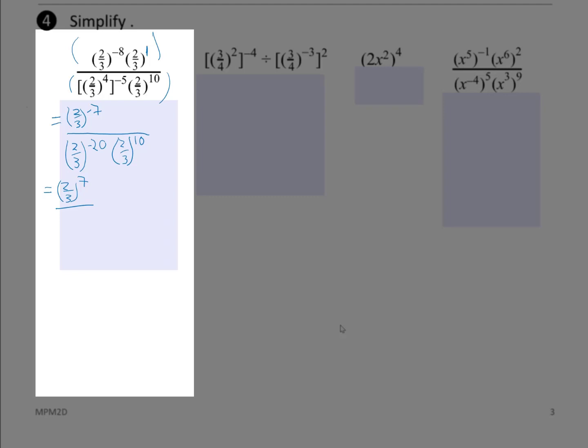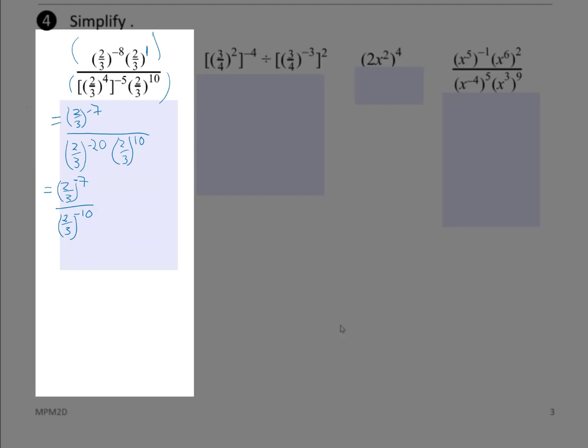So that means you add your powers. Negative 20 plus 10 gives us negative 10. So we are left with 2 over 3 to the power of negative 10. Now, here's where things get interesting. We have negative 7. My negative 7's not really showing there. There we go. That looks a little bit better.